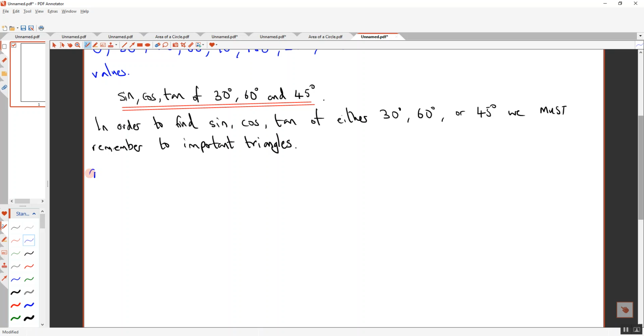All right, so the first triangle is an isosceles triangle. Okay, it's going to be right angled.